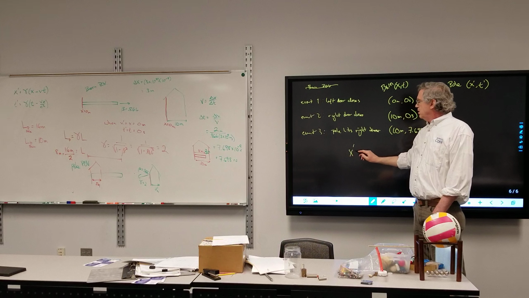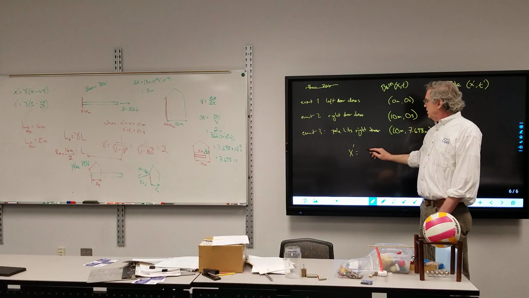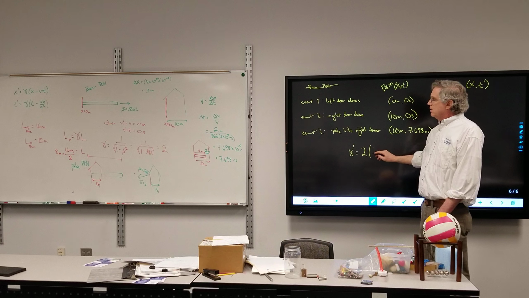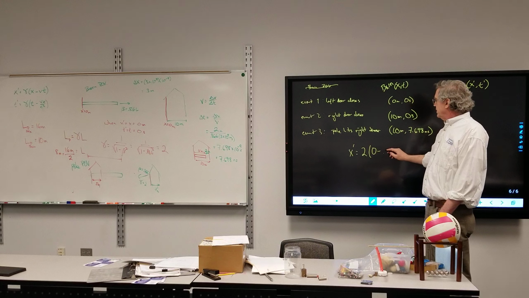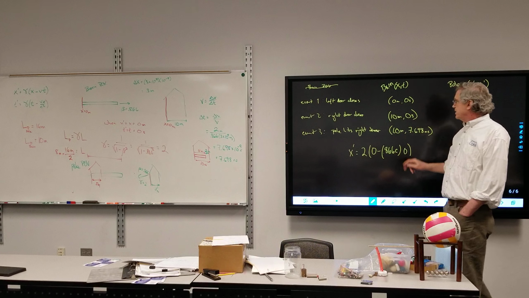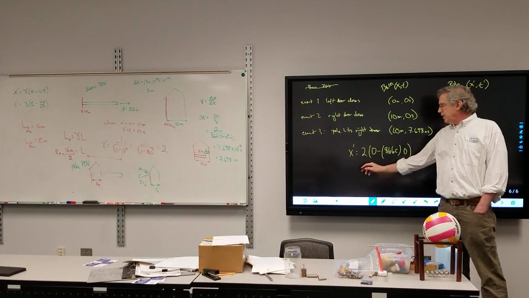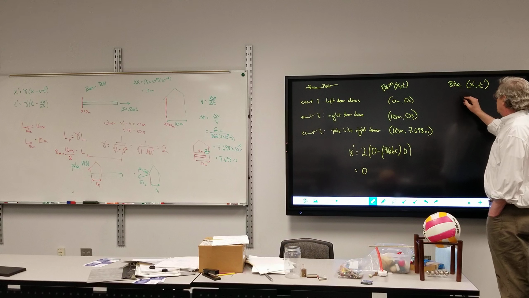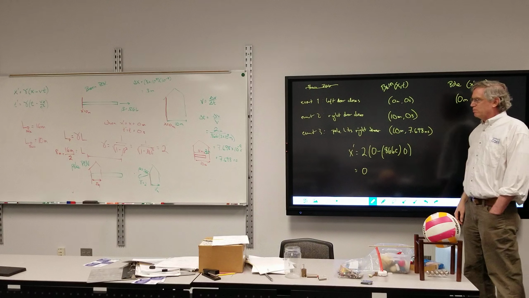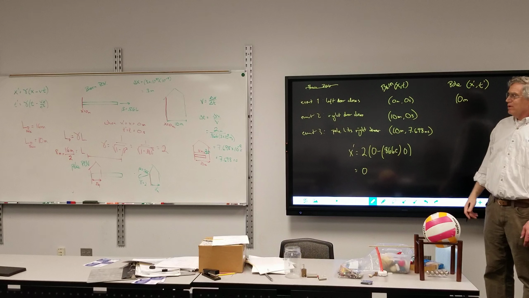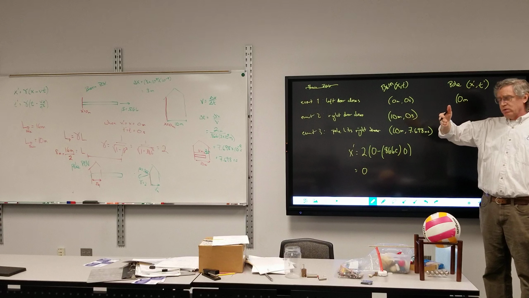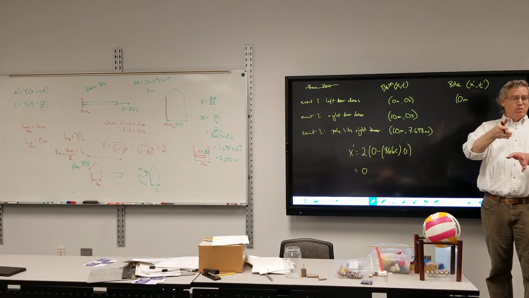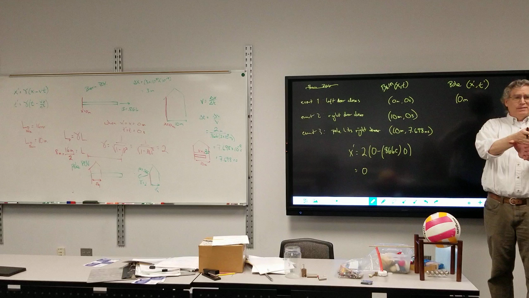So X prime for event number 1 is 2, that's my gamma, times 0 minus 0.866c times 0, which is my time. And hopefully you'll notice that that's 0. And that makes sense, 0 meters, because that's when the origin of the coordinate system of the pole is the same as the origin of the coordinate system of the barn, yeah, they're both 0.